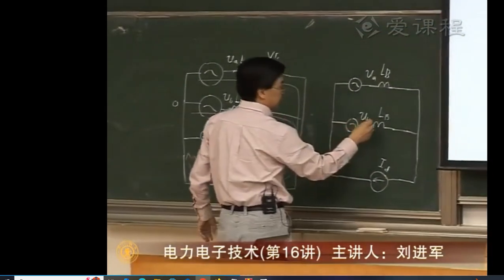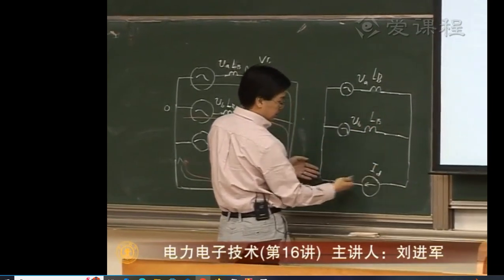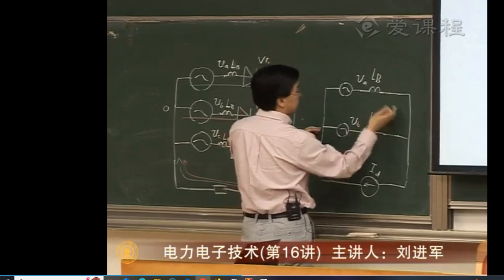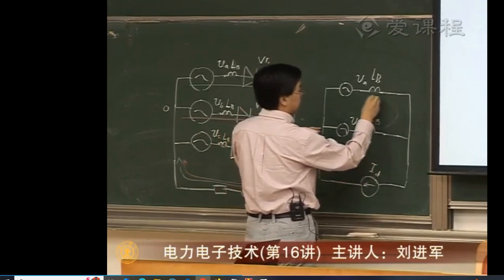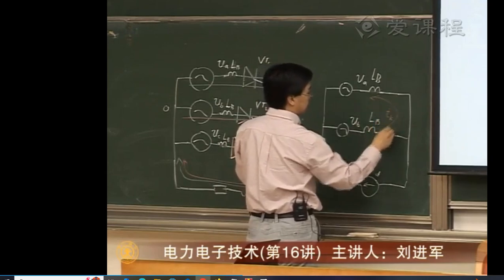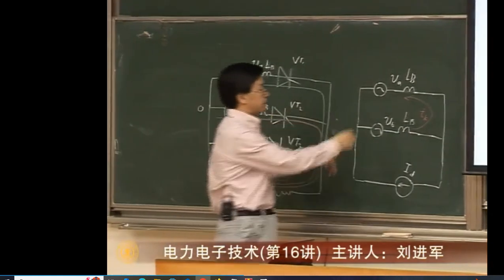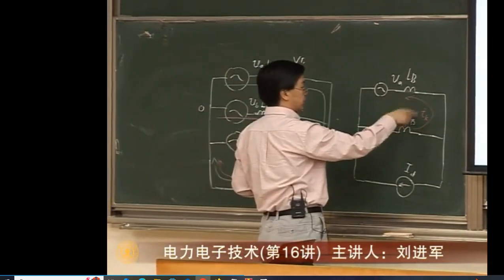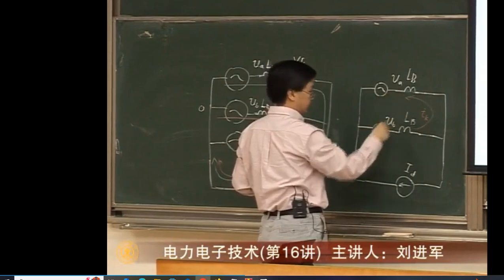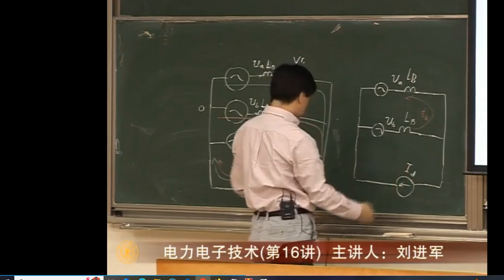And if I label this current, because this is a constant current source, I can consider there's only one current, which is called IK, changing within this loop. This current will not change because this is a constant current.